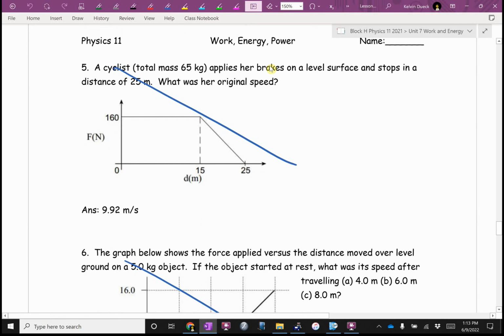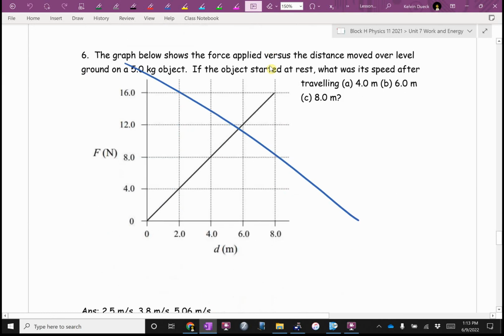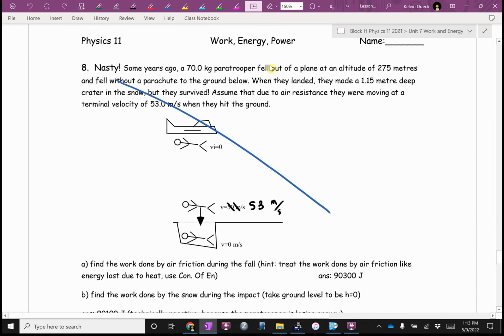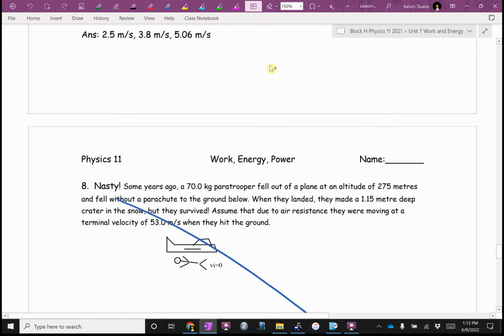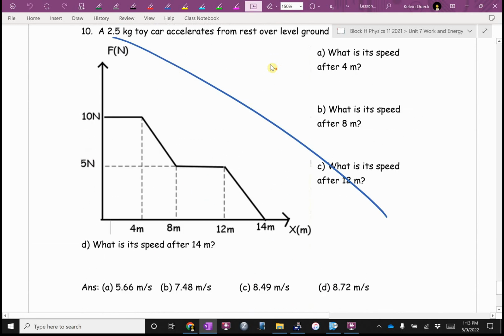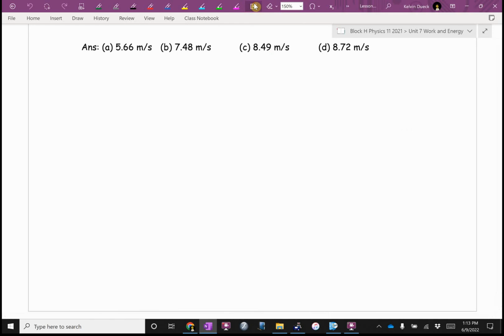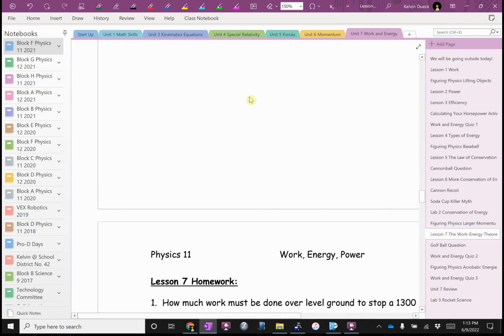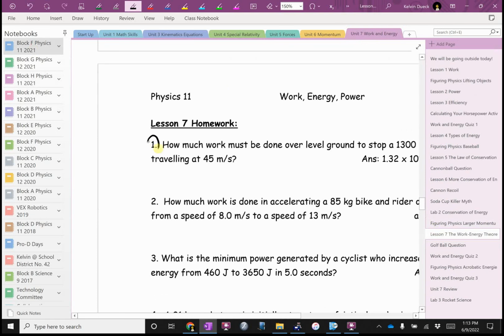It's a graphing question. I think I'll skip number 6. It's a graph question. Probably skip number 7. Wait a minute, there is no number 7. You can skip 8, you can skip 9, you can skip 10. In other words, all you're going to do is number 1, number 2, and number 3. Put your pencils down, look up.